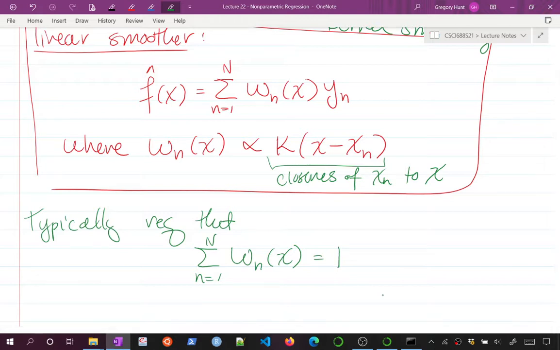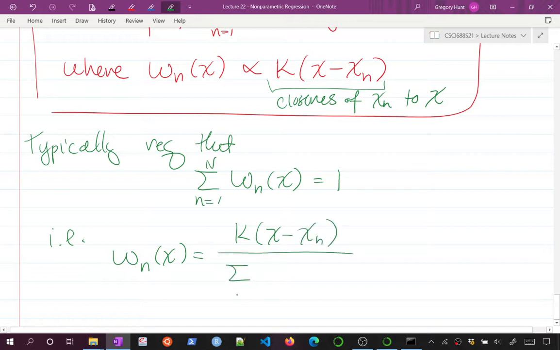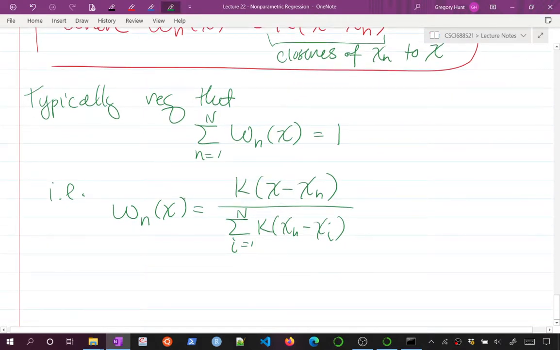Typically require that my weights sum up to be 1, and so that's why I said this is just proportional to it, i.e. we're going to specifically let w_n of x be the kernel closeness metric between x and x_n divided by the sum of all of those closeness metrics. Let's not call it n, let's call it i. Alternatively, you could think of this as we're just renormalizing the weights so that they sum to 1.